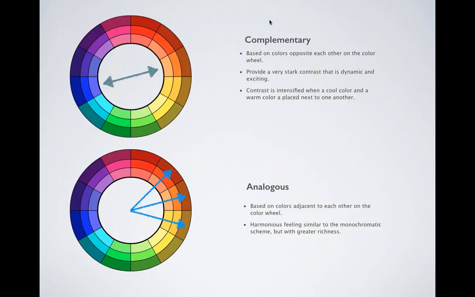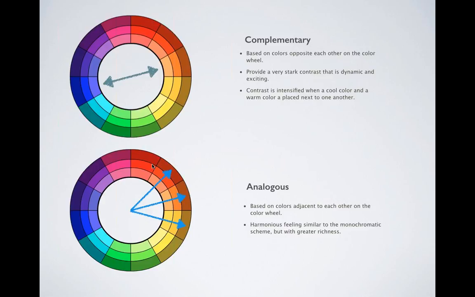And that's where those two rules that I mentioned earlier come into play. Colors farther apart on the color wheel, more contrast, and thus more exciting, more energetic. Those closer together, more harmonious, more subdued, and a little less energetic.